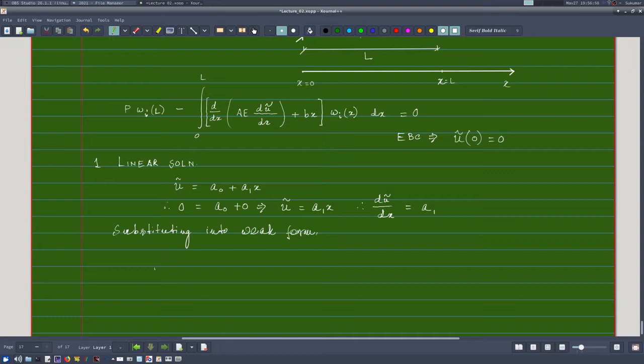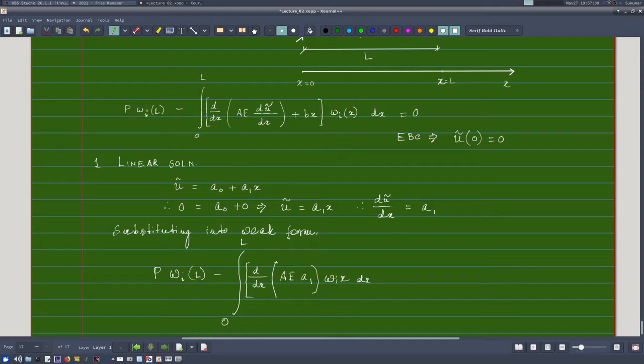what I'll get: P into wi at L, minus integration 0 to L d/dx of AE into du tilde/dx is a1, so I'll write a1 into this wi(x) dx.